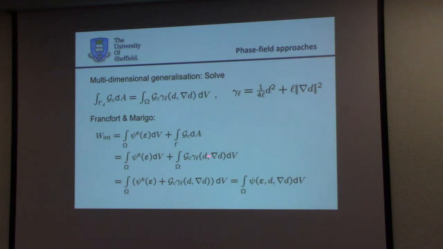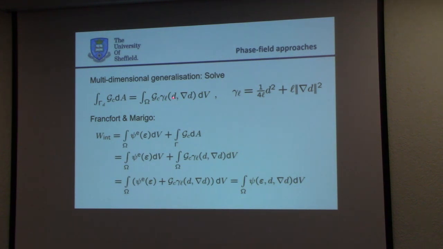So you replace this line integral or surface integral by a volume integral, using this trick. Essentially you say, I have a discrete crack here, the energy you dissipate is Gc per unit cracked area.